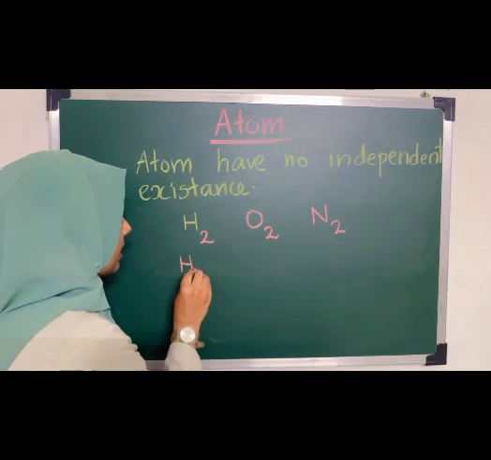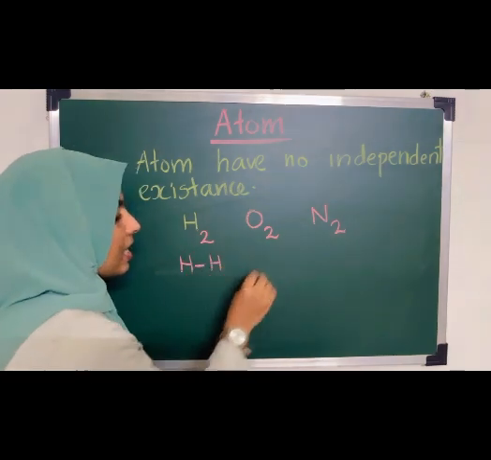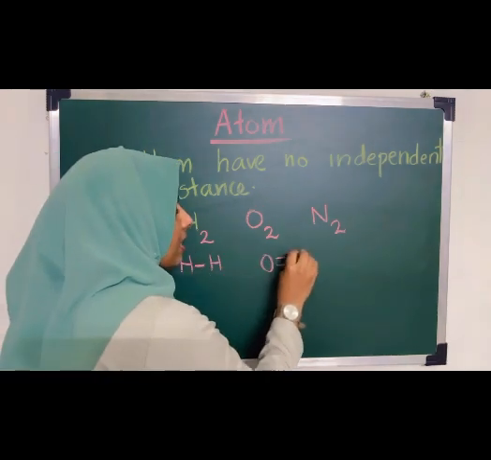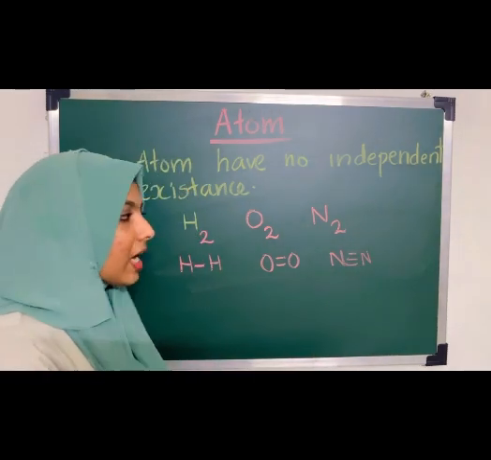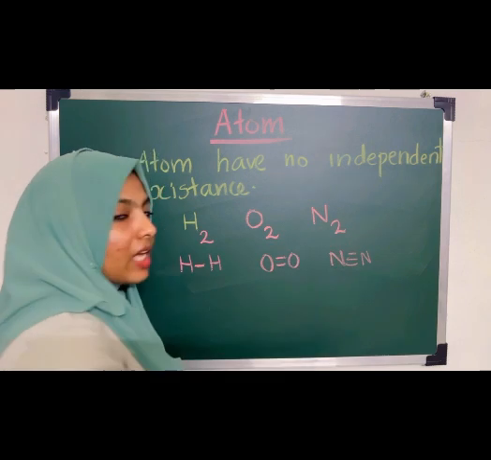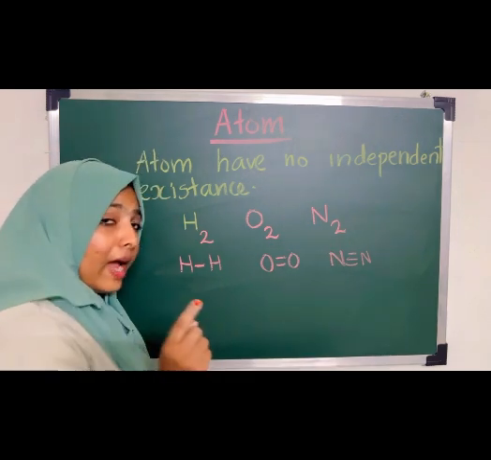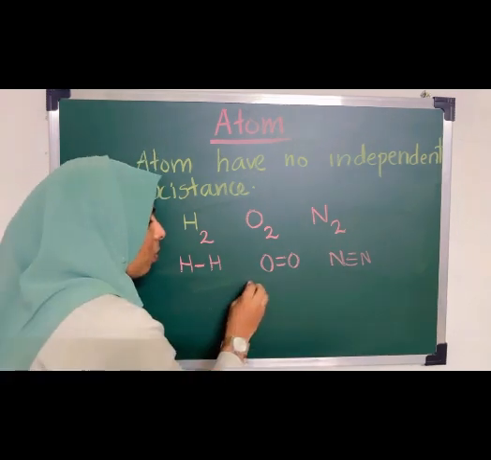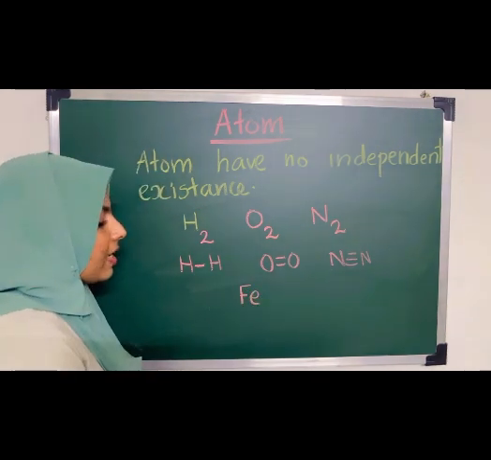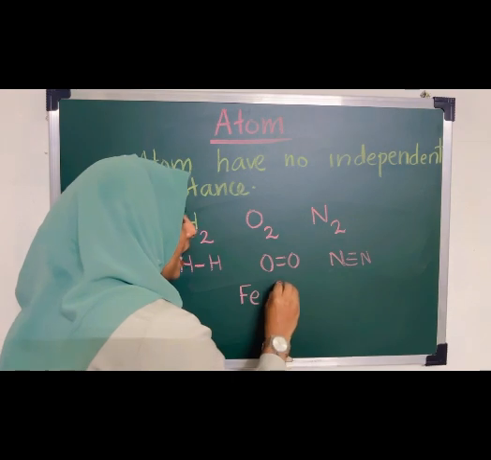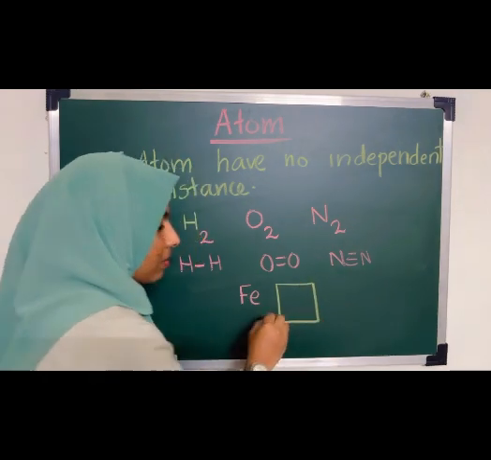Here hydrogen is bonding with hydrogen. Here oxygen is bonding with another oxygen. Nitrogen is always combined with another nitrogen atom and exists as N2. You may have a question now. Then what is the case of iron? See children, we always say iron exists as a block.